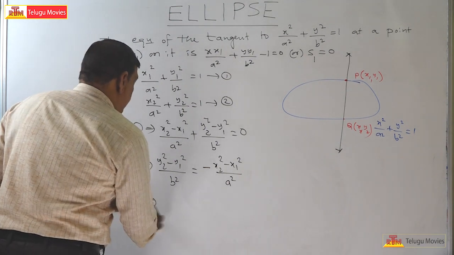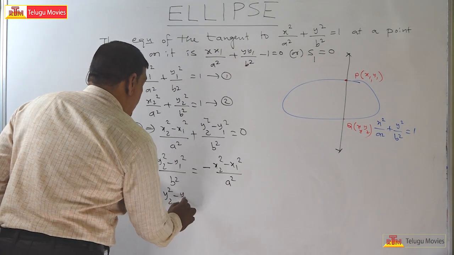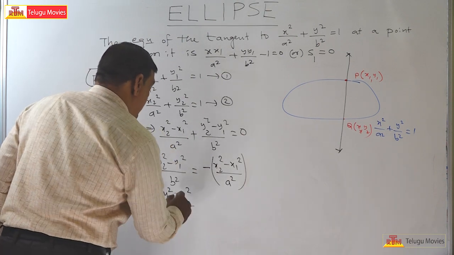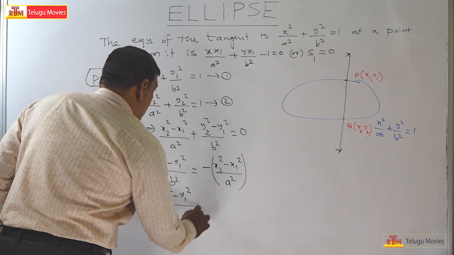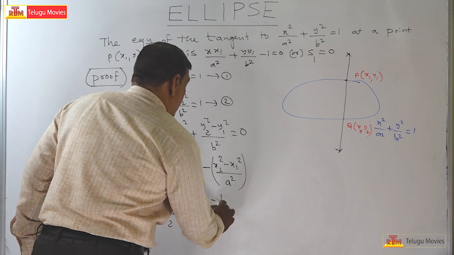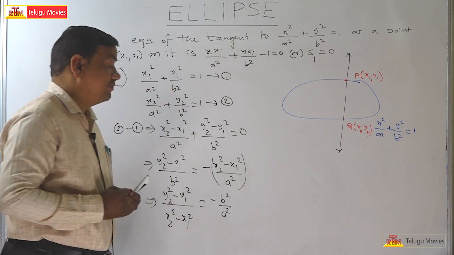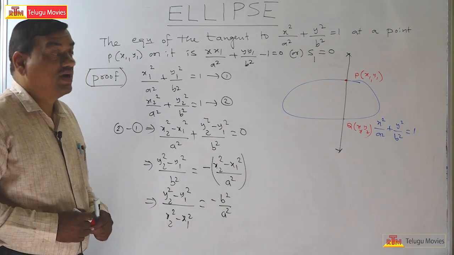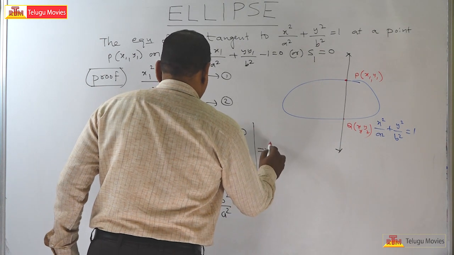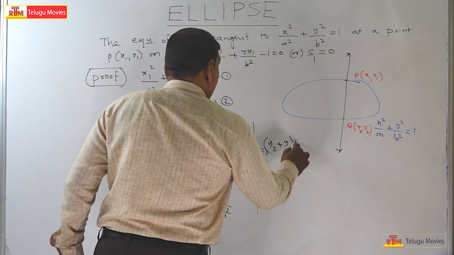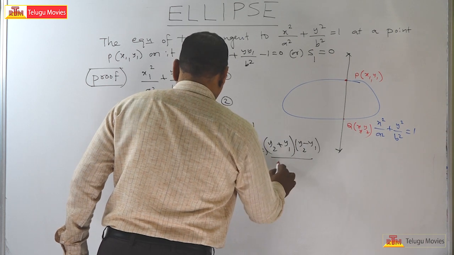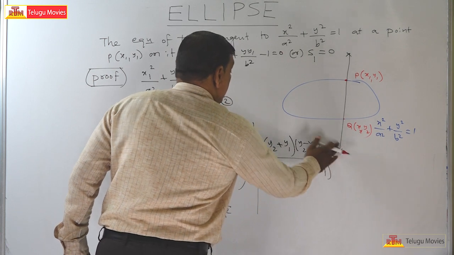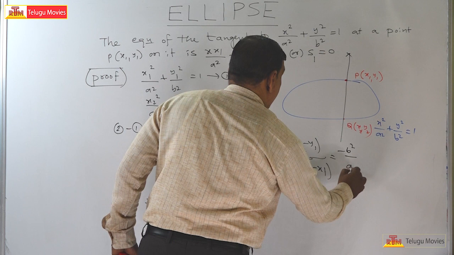So this implies y2 square minus y1 square by, we have to put a bracket here, x2 square minus x1 square is equal to minus b square by a square. Okay, now from this, a square minus b square, here also a square minus b square is there. So you can do like this: y2 plus y1 into y2 minus y1 by x2 plus x1 into x2 minus x1 is equal to minus b square by a square.